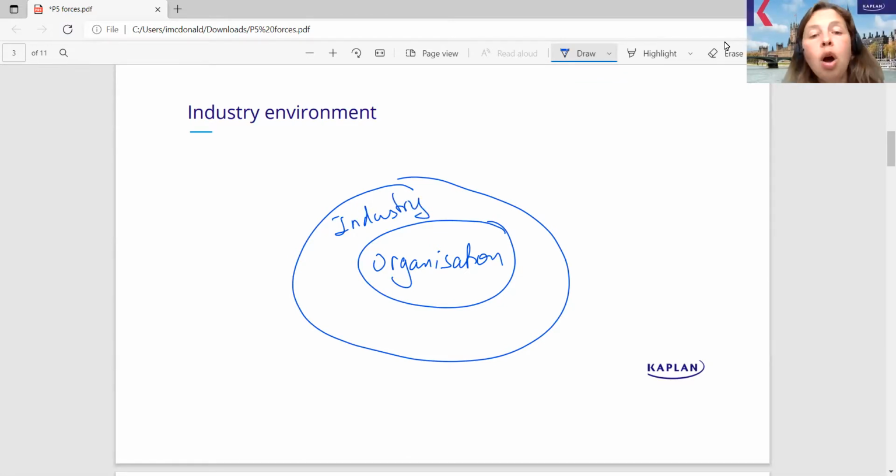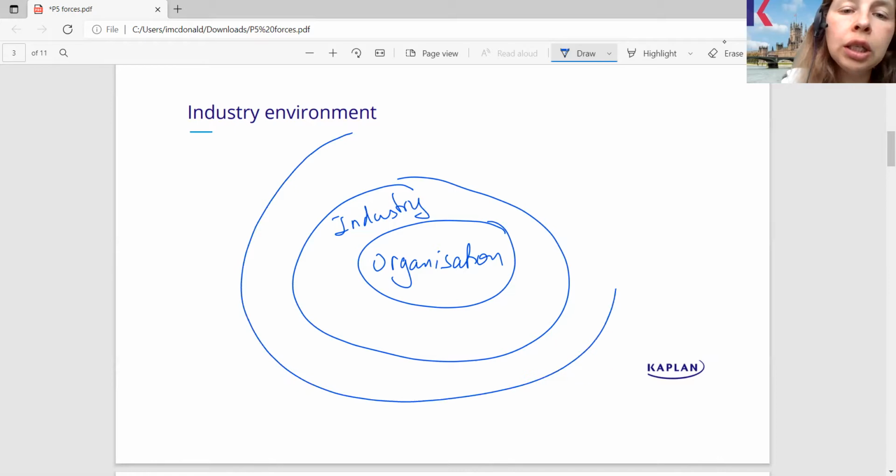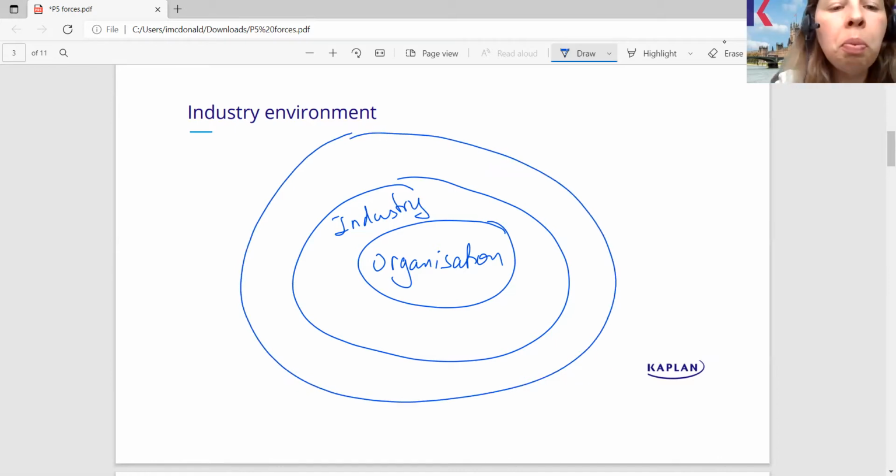For example, what our competitors are up to, what our customers are expecting, what our suppliers are able to provide. But we also will need to consider the wider macro environment.